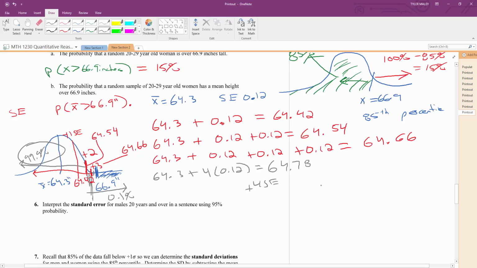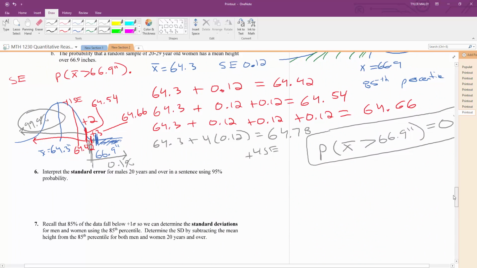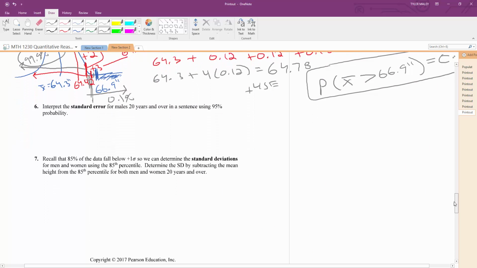The probability that we find a mean that is greater than 66.9 inches is basically equal to 0. It's very, very small, practically 0, less than 0.1%.